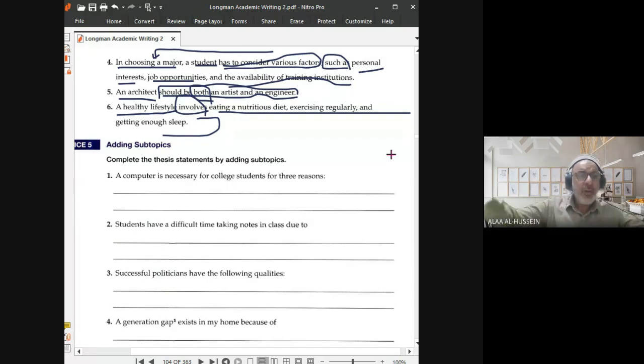So there are different ways, and when we study different types of essay patterns, for example, cause and effect essay, comparison and contrast essay, argumentative essay, process essay, etc., we are going to see different types of introductory and body paragraphs. The structure is in general the same.